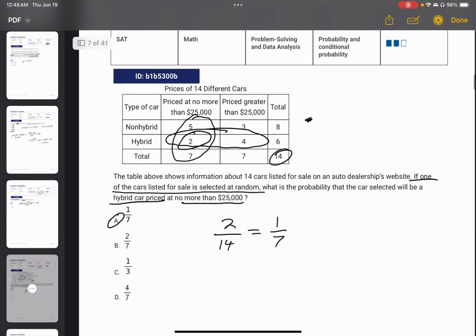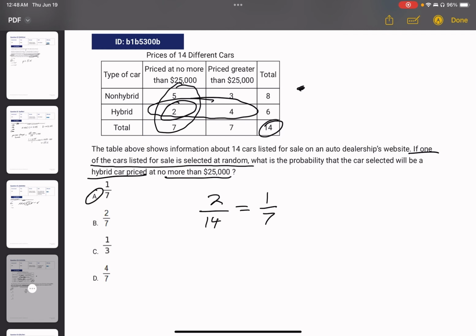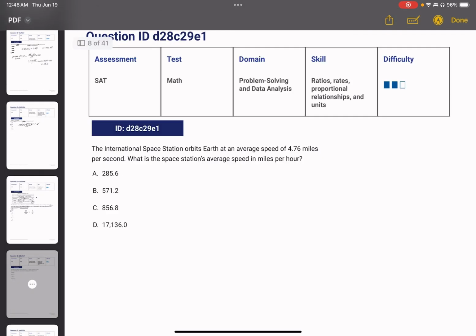Pretty simple, again. Looking at the next problem, the International Space Station orbits Earth at an average speed of 4.76 miles per second. What is the space station's average speed in miles per hour? So we're given miles per second to begin with, and we need to convert this same quantity into miles per hour.